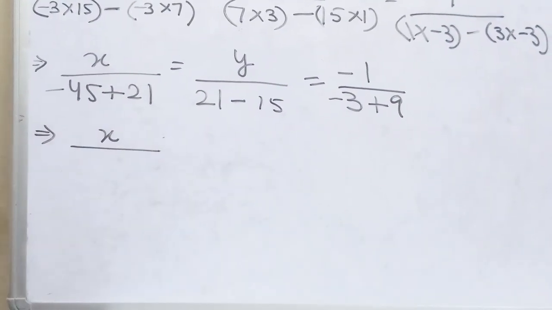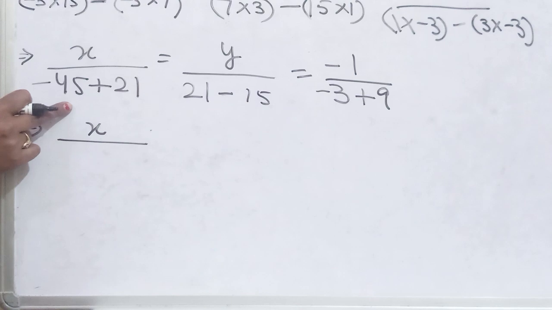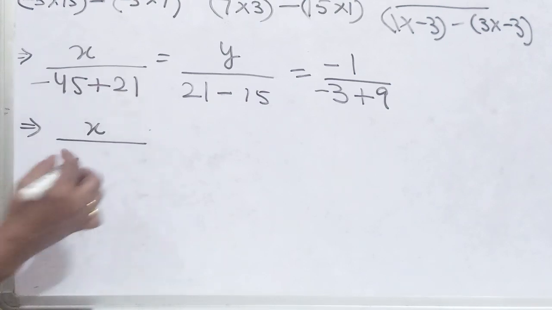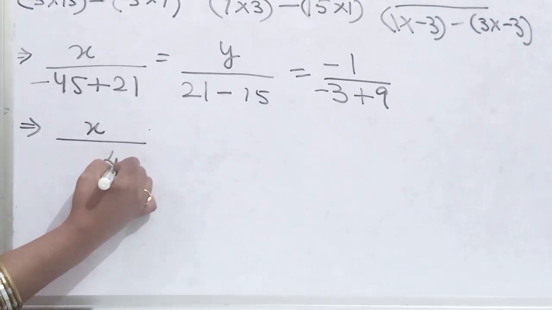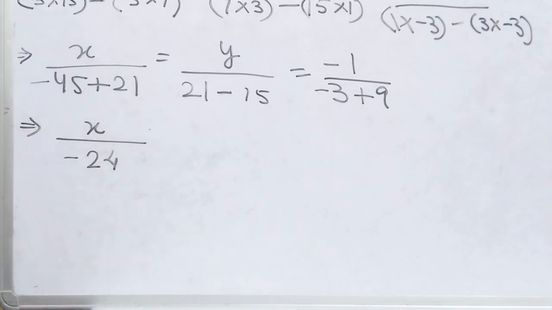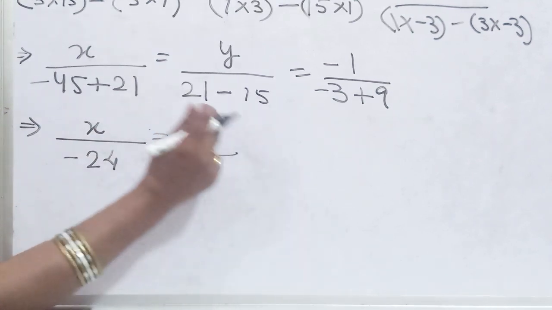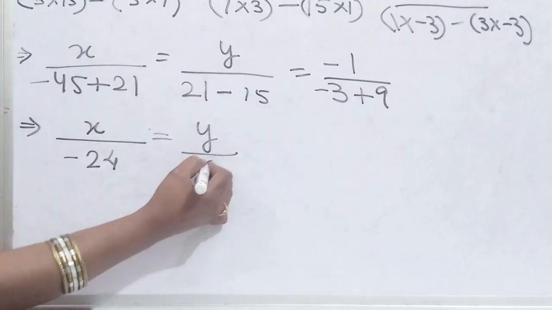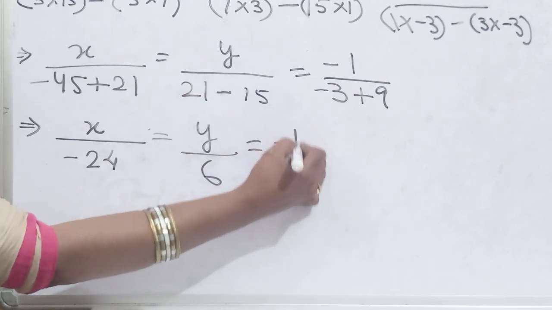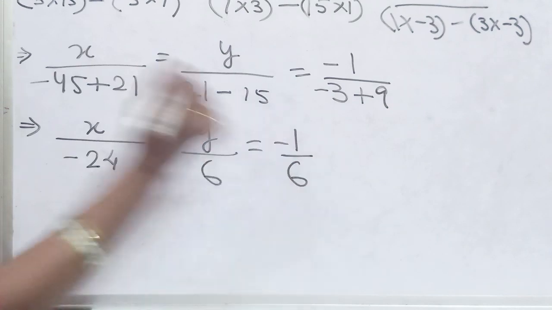X upon minus 45 plus 21, that is minus 24. What about y upon 6? And minus 1 upon 6.